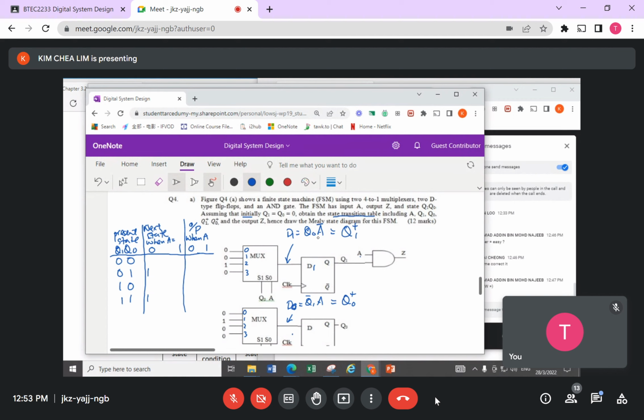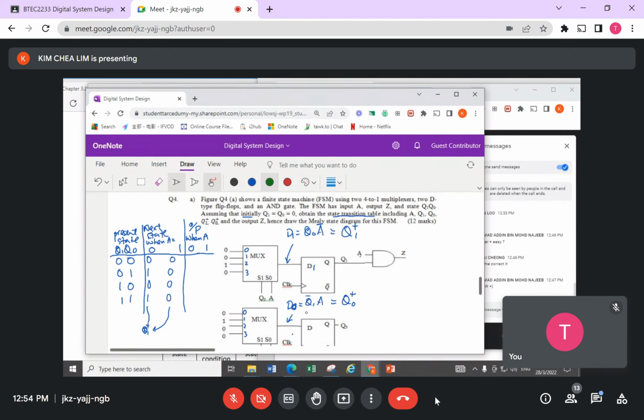Meet this requirement, isn't it? Then the rest not meeting the requirement, you fill up with 0. We also do this one for the case of 1 first. When A is a 1, you find that none ever meet the requirement. So these two are actually my D1, both are my Q1 plus.